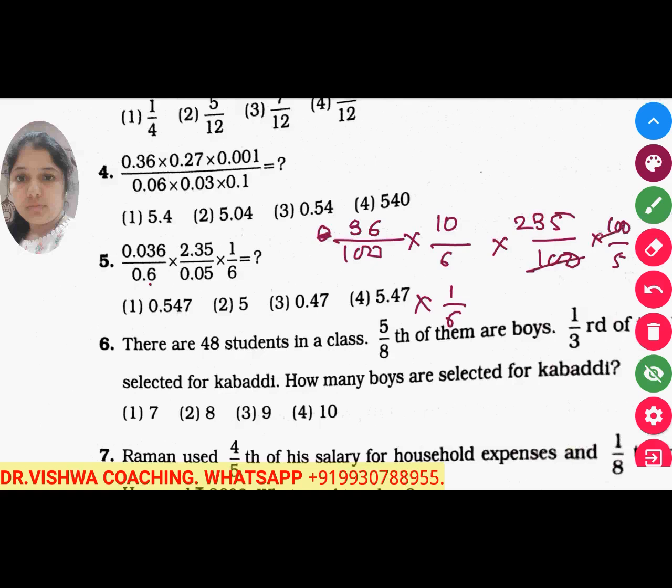Now this 100 will get cancelled. 10 0 cancel. 6 6s are 36. So now divide. 5 4s are 20. 5 7s are 35. So what is remaining? 4.7. 5 4.